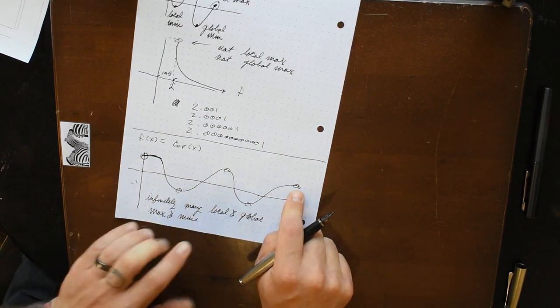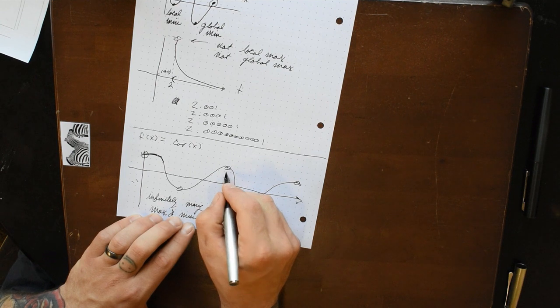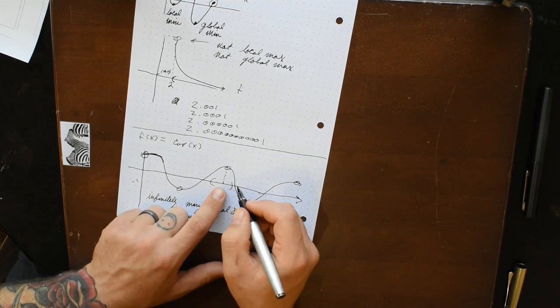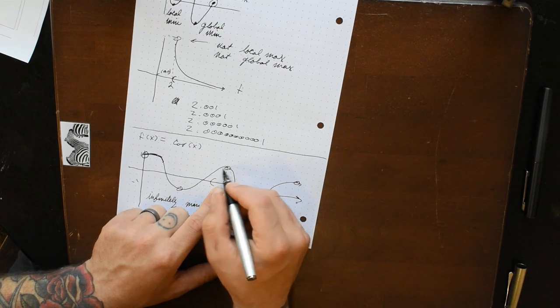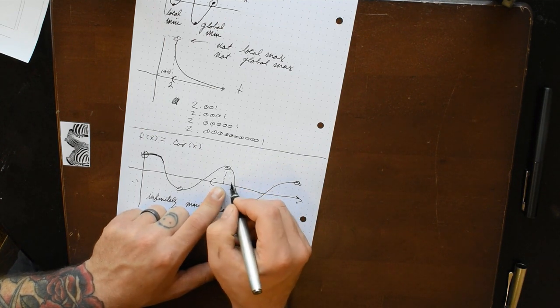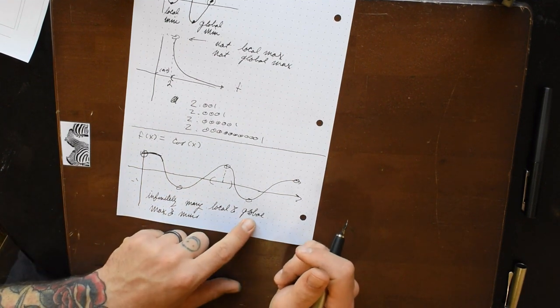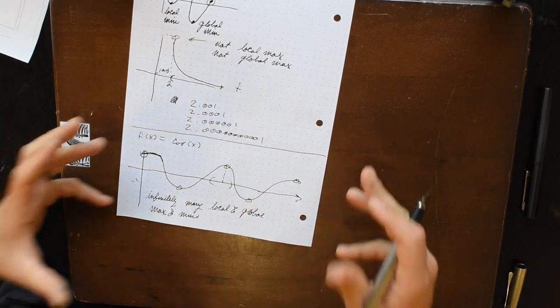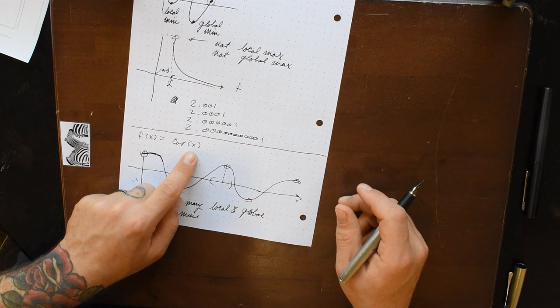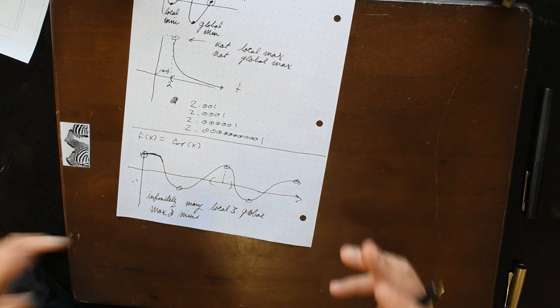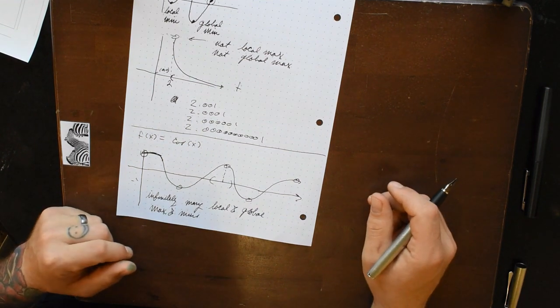It's a local max because if we consider an open interval around this value of x, this y value is bigger than all other y values in this open interval. It's also a global max because if we consider every value in the domain of cosine of x, that value of y is larger than or equal to every other value of y.